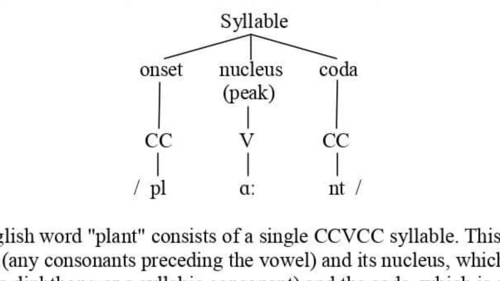So again, the nucleus is the vowel. And I want to add some information. The nucleus can be a vowel, short or long. It can be as well a diphthong, and it can be a syllabic consonant.